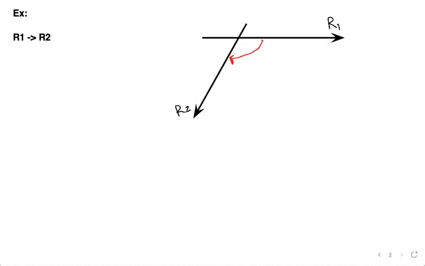And I have to know this point here is called the vertex O. If I want to name this angle, I have to get a point on R1, which I'm going to call point A, and a point on R2, which I'm going to call point B. So the angle is AOB.